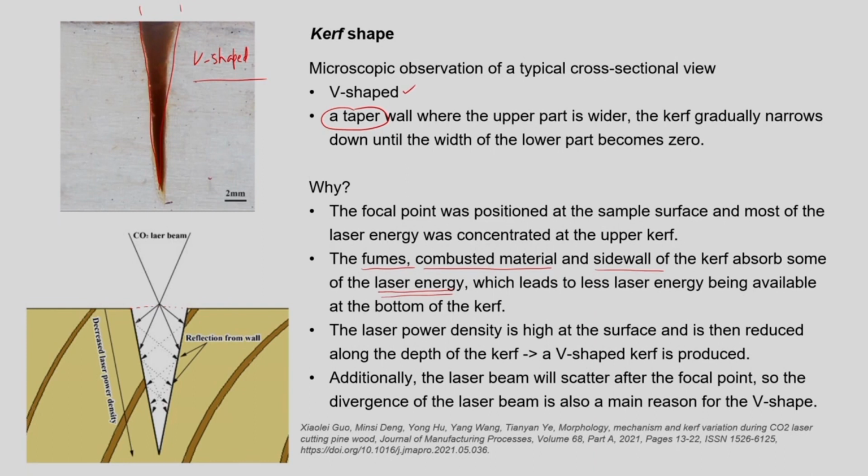Therefore, there is a reduction in the width of the kerf as we move in the downward direction along the depth. In addition to this, there is a scattering of the laser beam. As we are focusing the laser beam over here, the beam is getting scattered. As the beam is getting scattered, naturally the density will get reduced, and due to that as well there is a reduction in the width of the kerf along the downward direction.